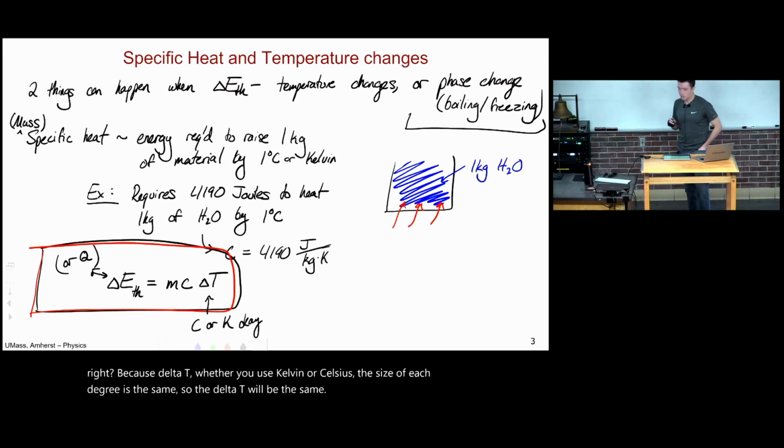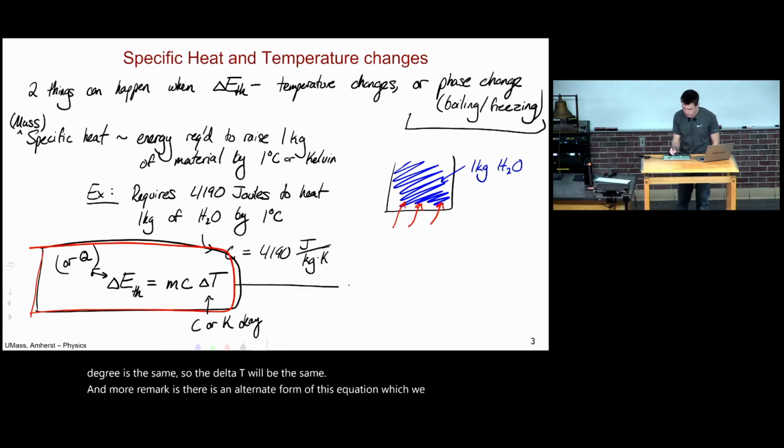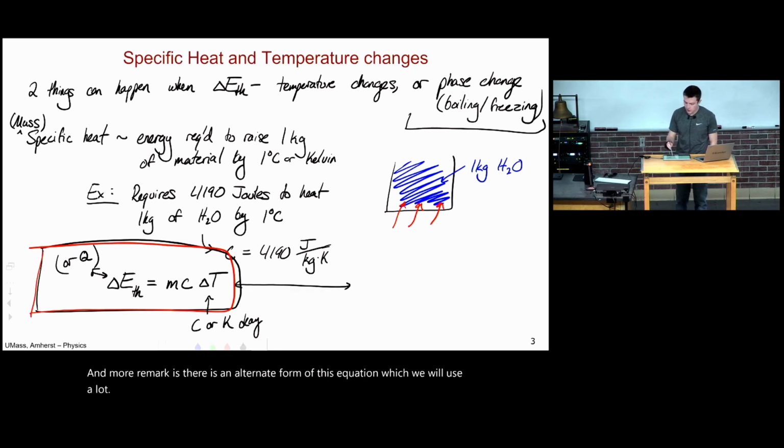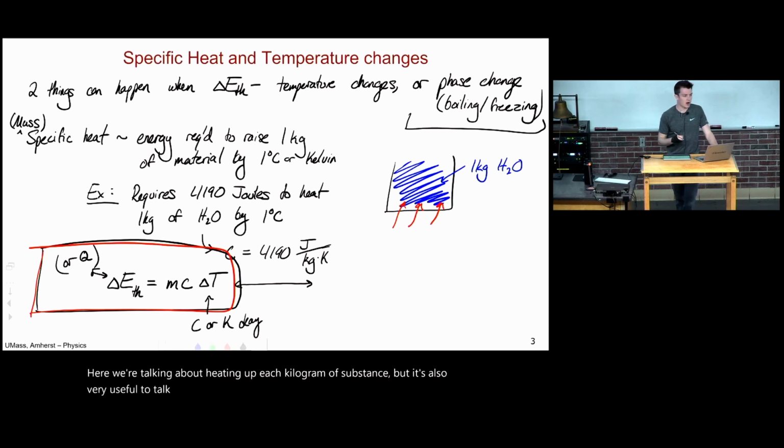Okay, and one more remark is there is an alternate form of this equation which we will use a lot. Here we're talking about heating up each kilogram of substance, but it's also very useful to talk about how much heat is required to heat up 1 mole of a substance.